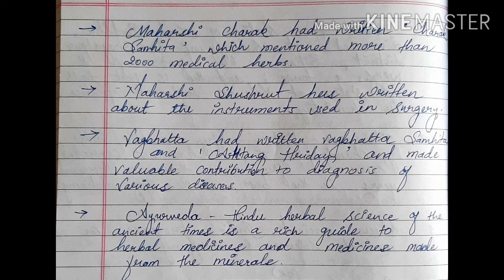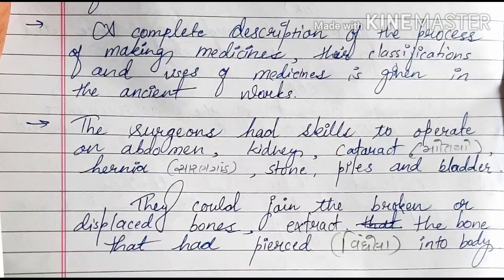Ayurveda, the herbal science of ancient times, is a rich guide to herbal medicines and medicines made from minerals. A complete description of the process of making medicines, their classifications and uses is given in the ancient works. The surgeons had skills to operate on the abdomen, kidney, cataract, hernia, stones, piles and bladder.